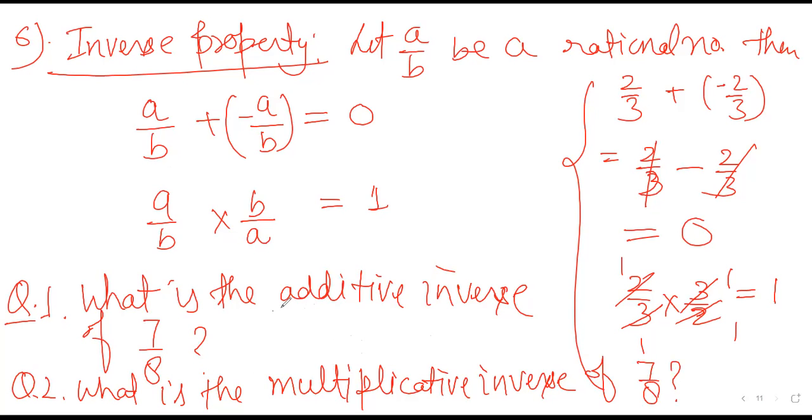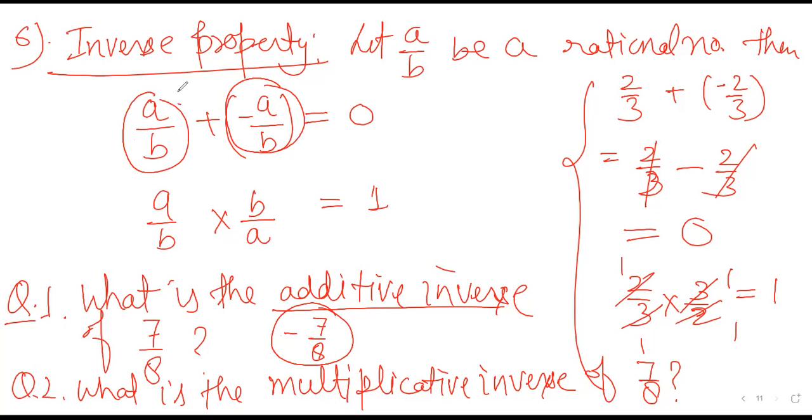If the question asks for the additive inverse of any number, suppose 7 upon 8, then for the additive inverse you have to write the number and only change the sign.